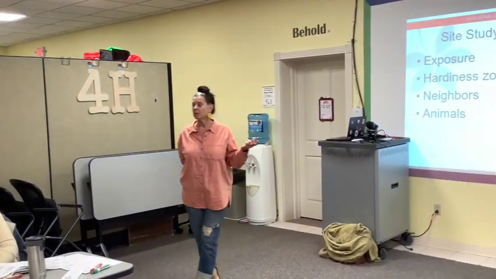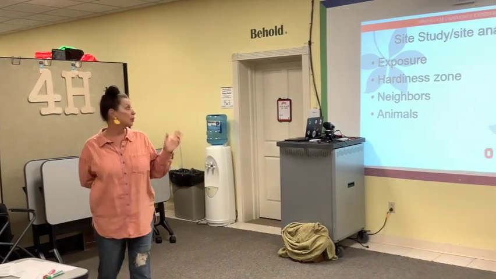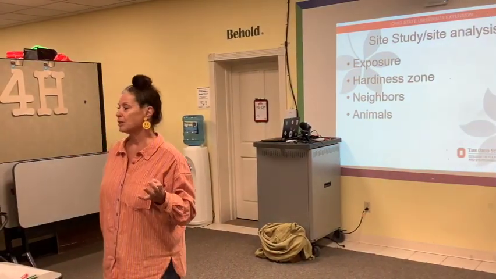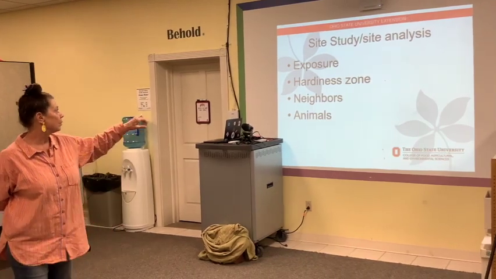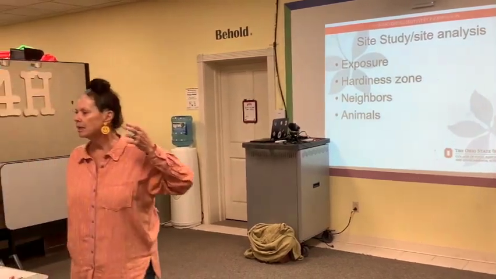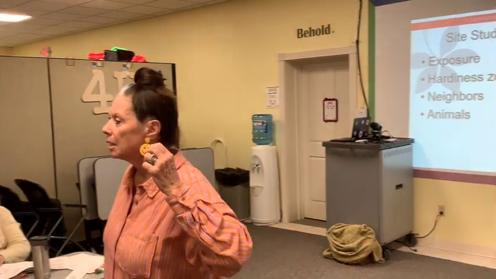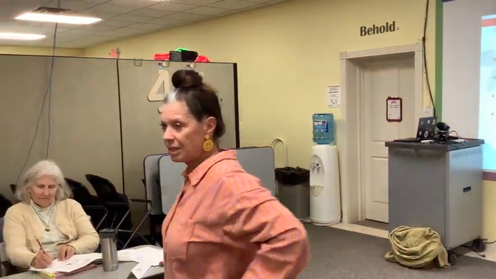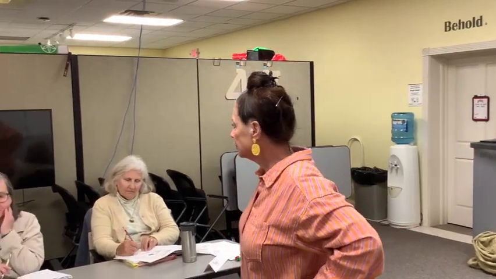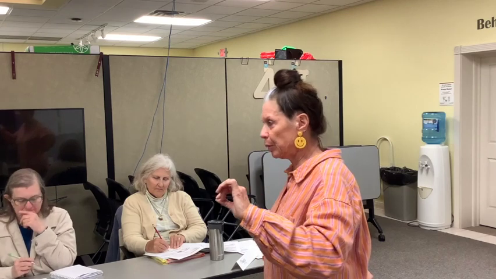Exposure, I talked a little bit about exposure, the wind and so forth. What about hardiness zone? What hardiness zone are we? 6A, all right? And then, what does hardiness zone mean? What's gonna survive and what's not. How do they figure hardiness zone? It's like coldness. It's the average low temperature for your area.